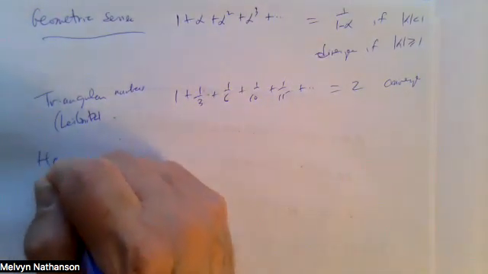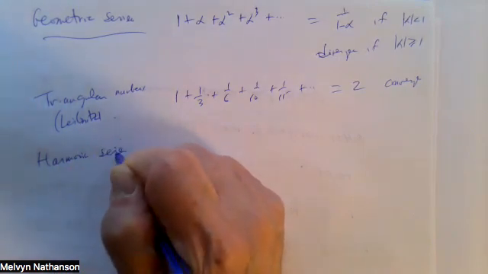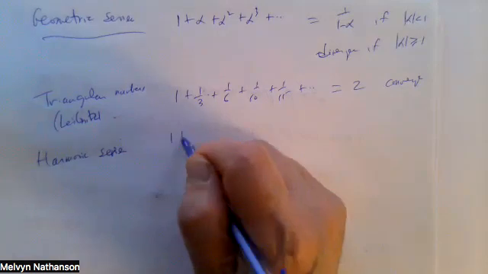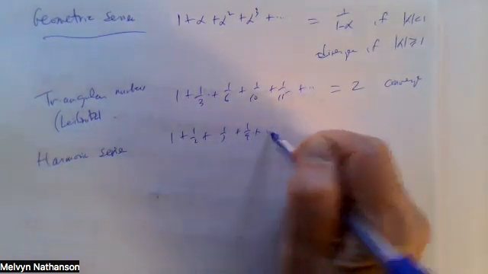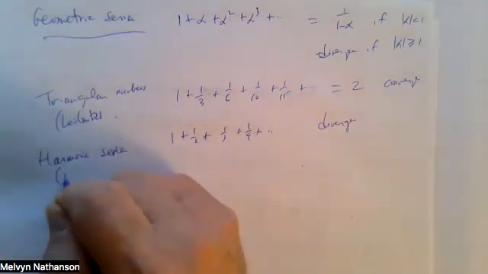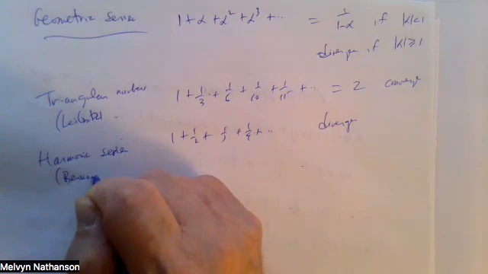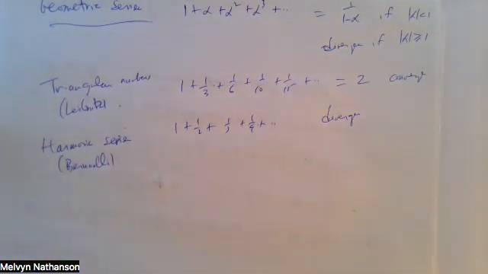We have the harmonic series: one plus a half plus a third plus a fourth and so forth. This series diverges. That was Bernoulli's result.